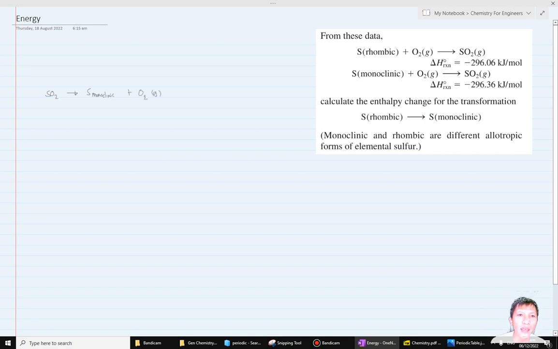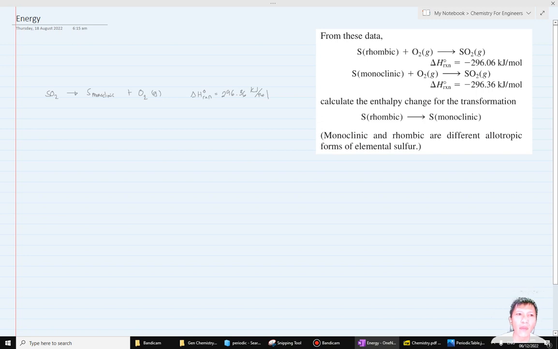But again, the delta H for this one at standard would be a reverse. That is an absorption, 296.36 kilojoule per mole.